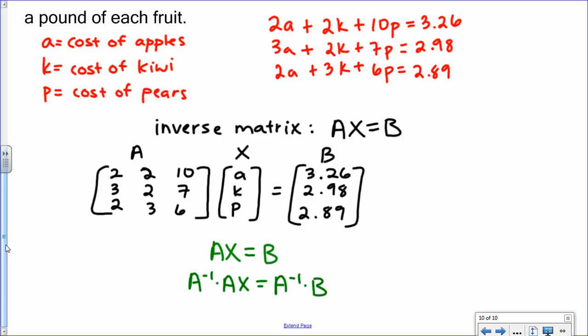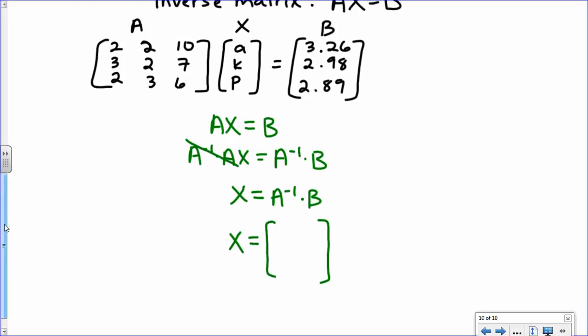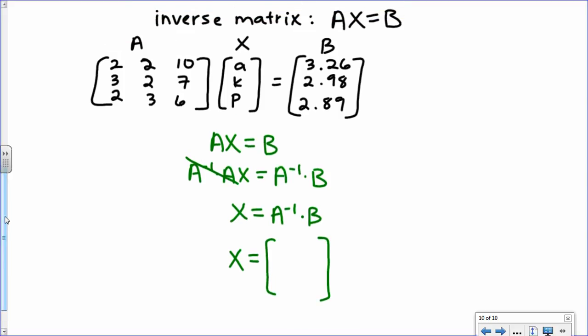Then A inverse times A cancels, leaving me with X equals A inverse times B. So that is what I type in my calculator. You're going to have to type in matrix A and matrix B. And then you'll type in A inverse times B. Remember, the inverse button is under math.